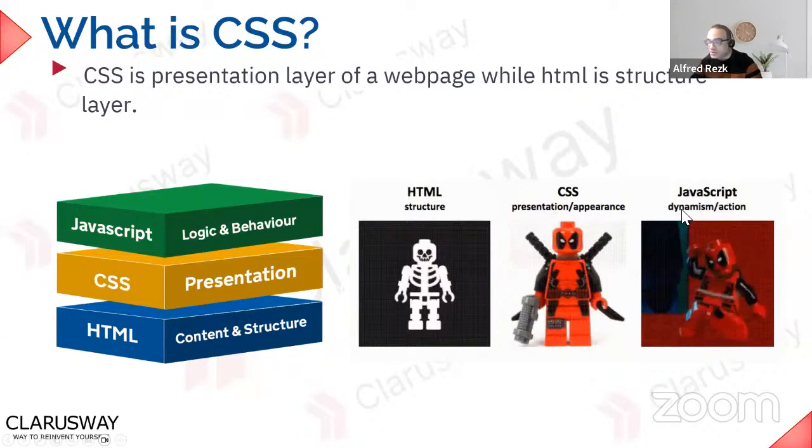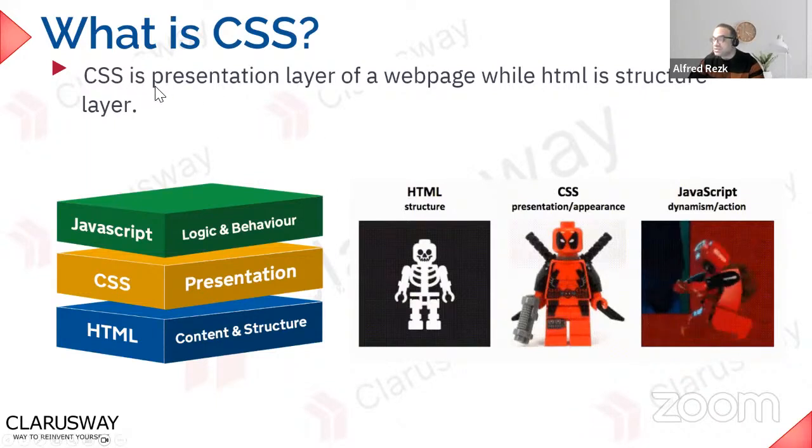So for example, when the user clicks on a button or submits a form or hovers over certain fields, you want to do something that will make your application interactive. So HTML is the content and the structure. CSS is more about presentation of your web page. JavaScript is all about the logic, data, and the behavior of your web page.